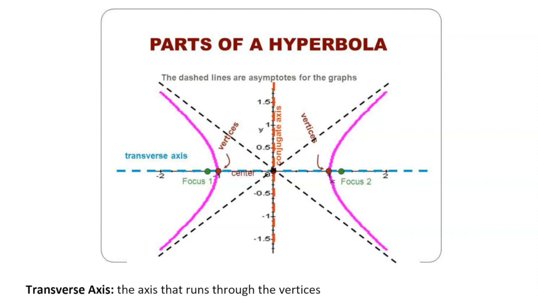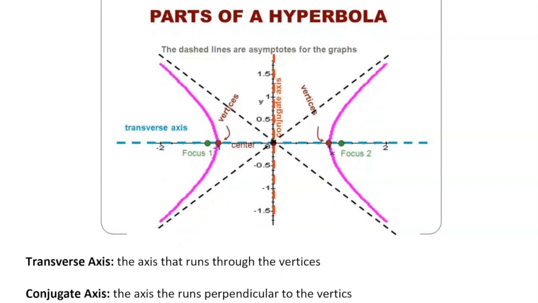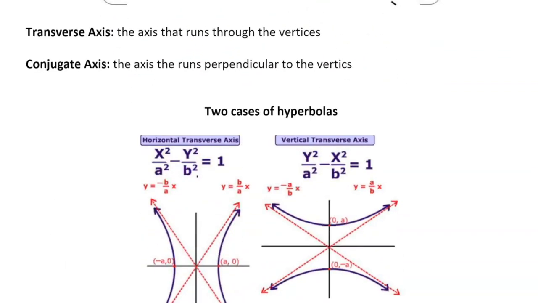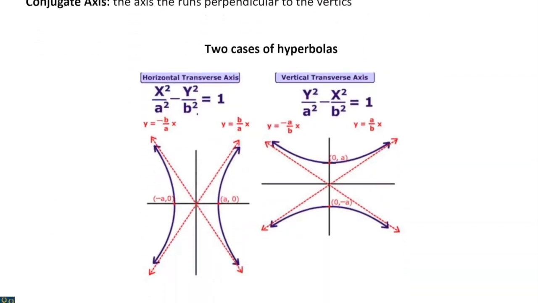So there's a few terms that we're going to have to learn today. The first thing before we get started with anything else is there's two types of hyperbolas. One type of hyperbola opens up and down forever. And if you have something like that, then that's going to take on the form of what we would call x squared minus y squared equals 1.